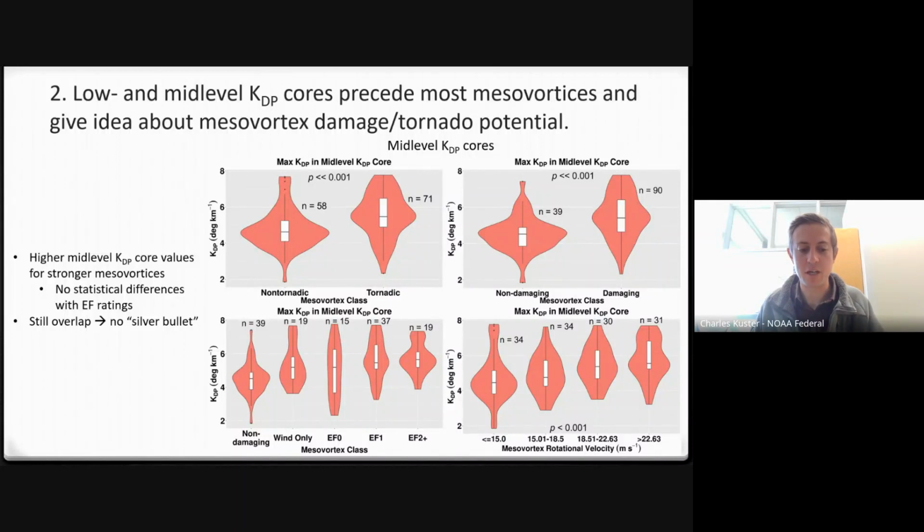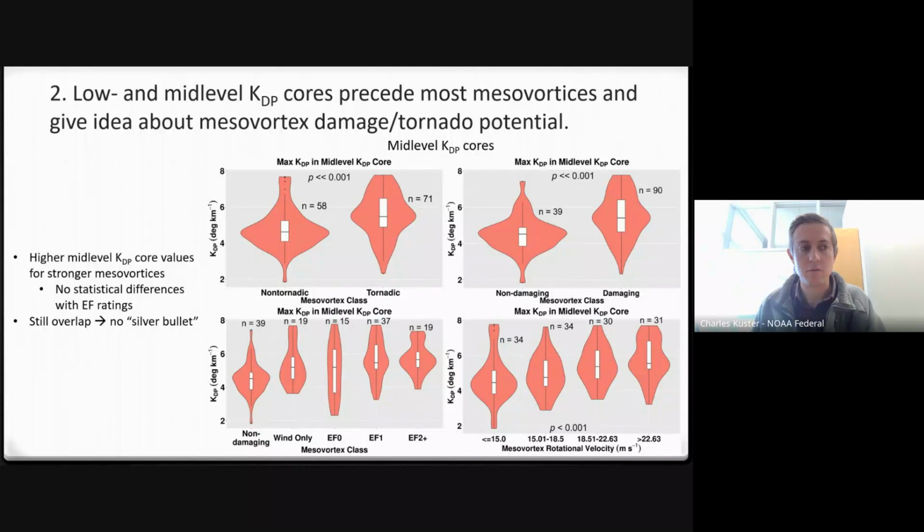My thought with those mid-level KDP cores is that you're getting a locally enhanced area of stronger downward motion within your rear inflow jet. Which one of those comes first? My guess is rear inflow jet, and then you just have some kind of storm scale downdraft thing going on that leads to a localized stronger area within the rear inflow jet.